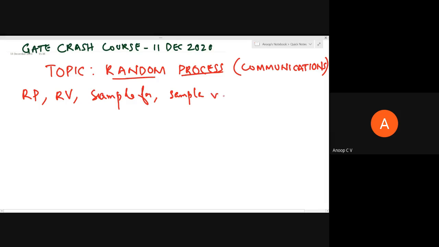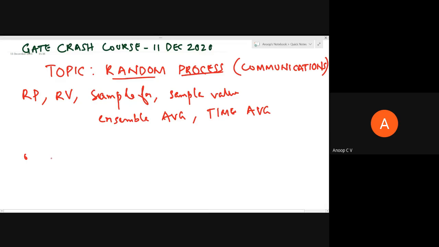So initially, instead of going by the definition, we'll take a typical example, and with that example I'll try to explain what is a random process, what do you mean by random variable, what is sample function, sample value, and also what is meant by ensemble average and what is meant by time average. All those aspects initially. So we'll take an example.